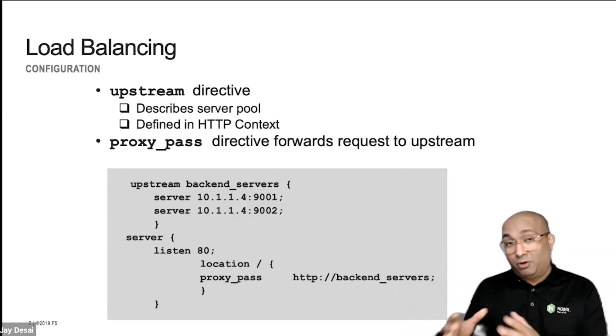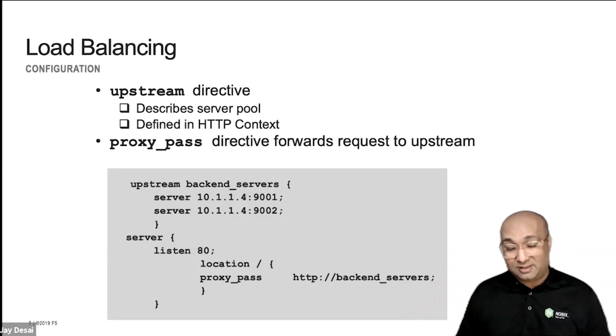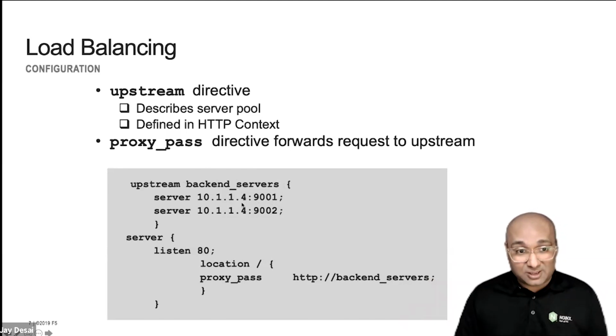What you need to remember for this section is that the upstream directive sits within the HTTP context. In this example, our upstream directive indicates a server pool, or upstream name, called backend service, and within it there are two specific backend applications listed.